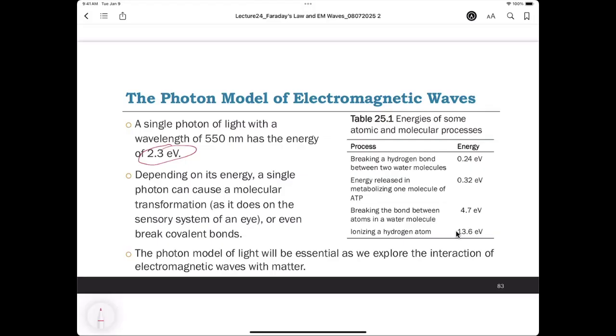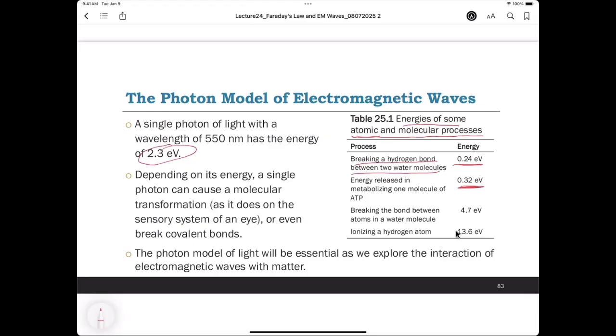This is the energy of some atomic and molecular processes. This is breaking a hydrogen bond between two water molecules. We need this energy, and this is the energy released in metabolizing one molecule of ATP.